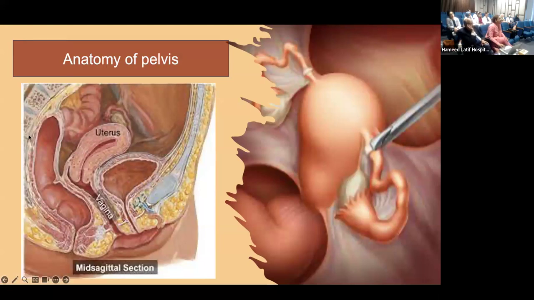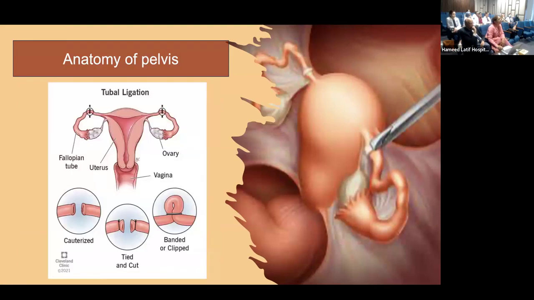Then you need to look at the reflection of the peritoneum, how it dips to form the pouch of Douglas on the posterior surface of the uterus. Relating the anatomy, if there is some collection in the peritoneal cavity, then on pelvic examination it would be felt as a bulge in the posterior pouch of the peritoneum. I think this is important to understand.